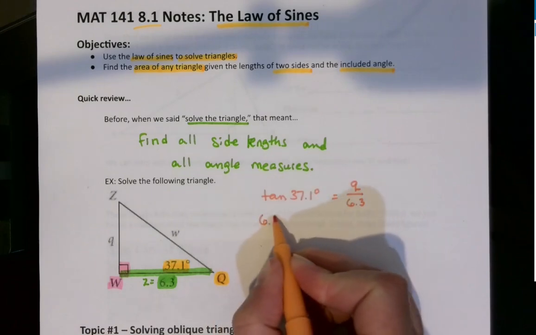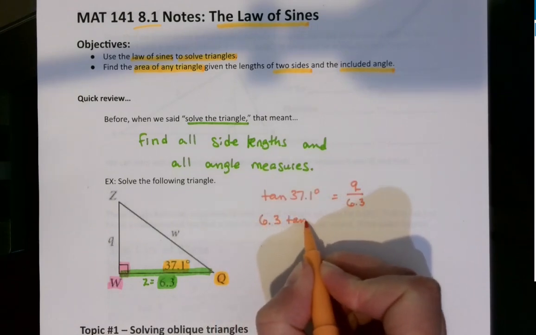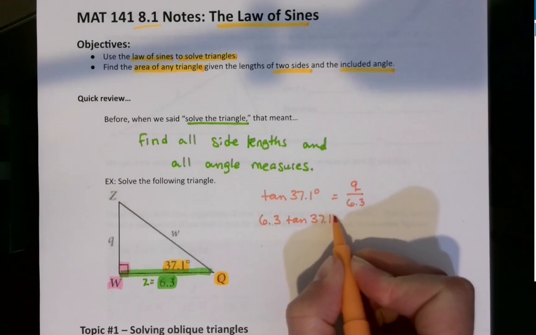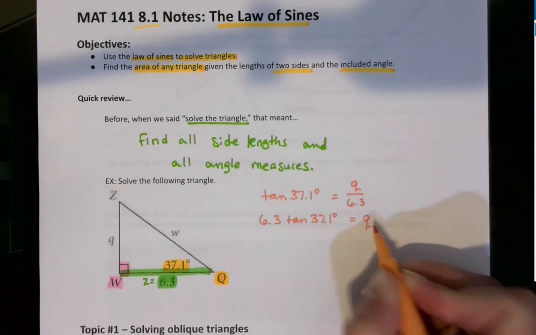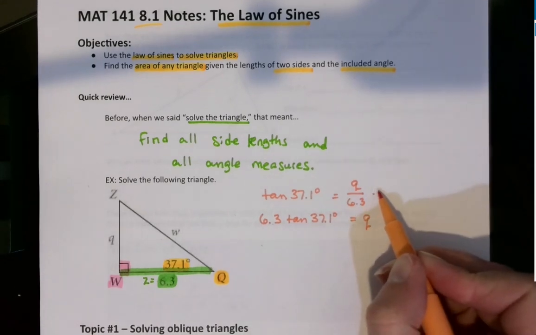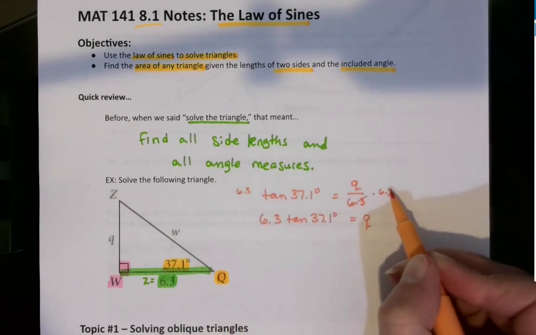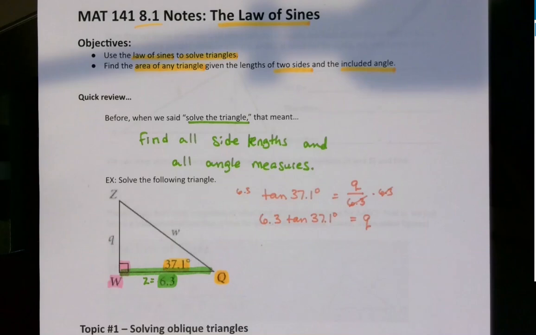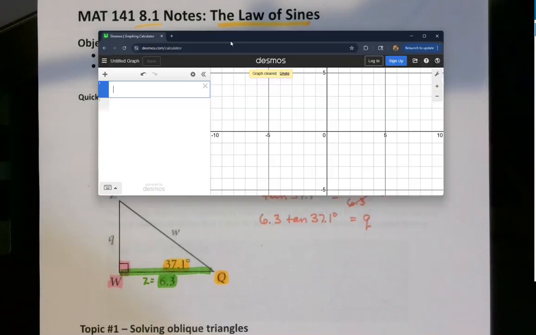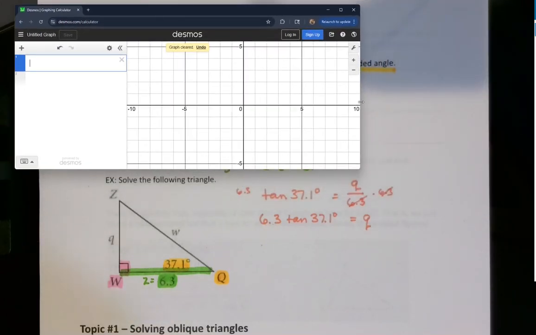So 6.3 times tangent of 37.1 degrees would be equal to little q. Multiplying by 6.3 on both sides, of course, is going to cancel the 6.3 on the right-hand side, giving us the q by itself. From there, we're going to grab a calculator, and we're going to need that calculator to be in degree measure. So let me get my calculator moved over to this screen here and shrink it up.